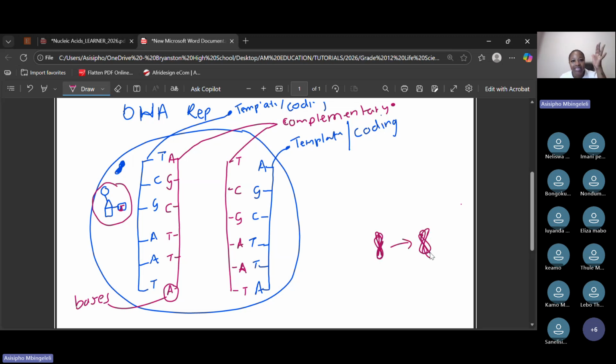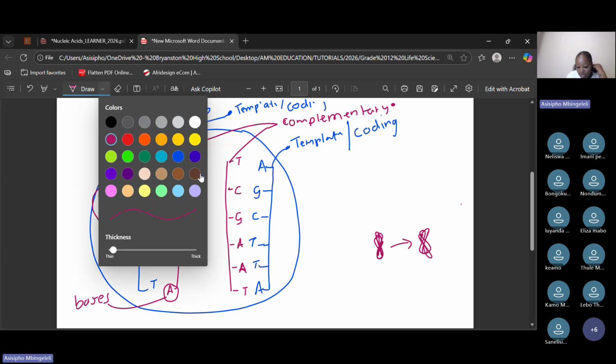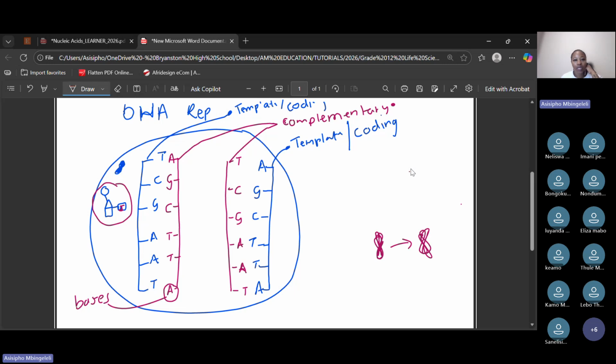Now, how many DNA molecules are we able to see in the diagram that we've just drawn? It is actually two DNA molecules. The question would be, where are they, ma'am? This is DNA molecule 1, and this is DNA molecule 2. Remember, we call a DNA molecule double-stranded. It is made up of two strands.